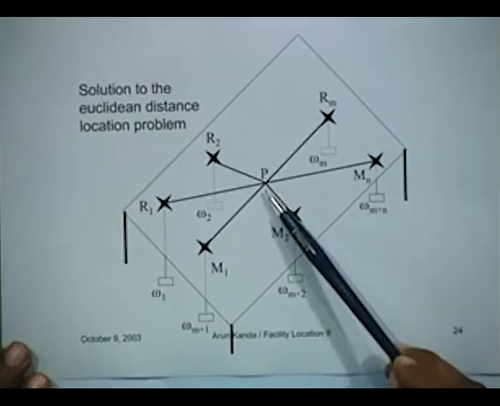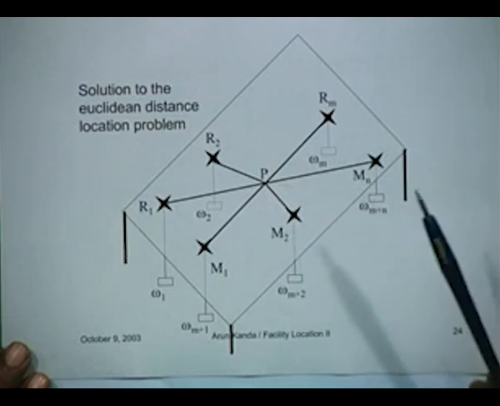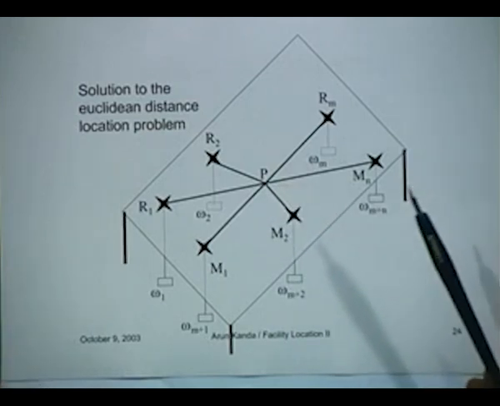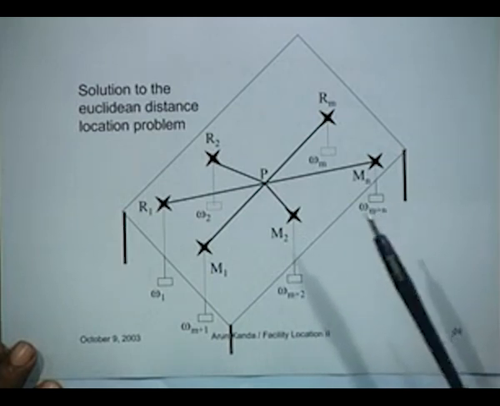If you now look at the Euclidean distance location problem, which is the third problem that we are talking about, you will recall that one simple way of solving this problem is by using the mechanical analogy developed by Varignon, the Varignon frame.